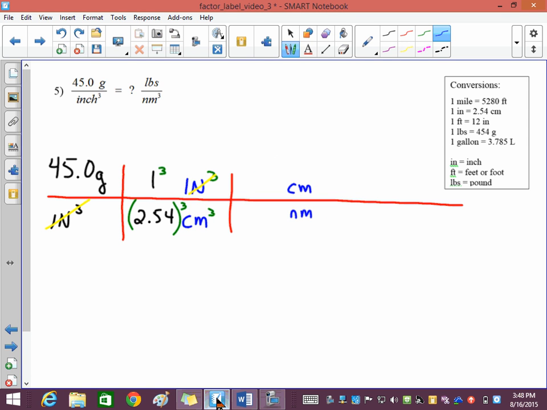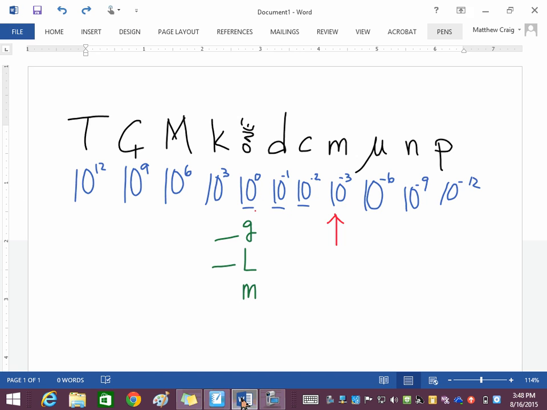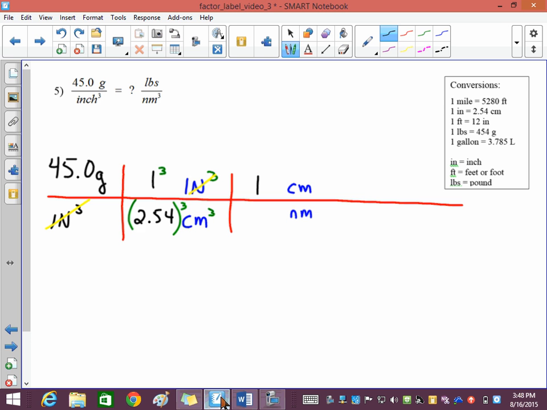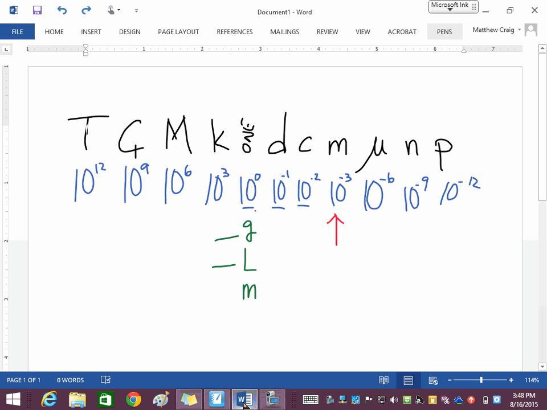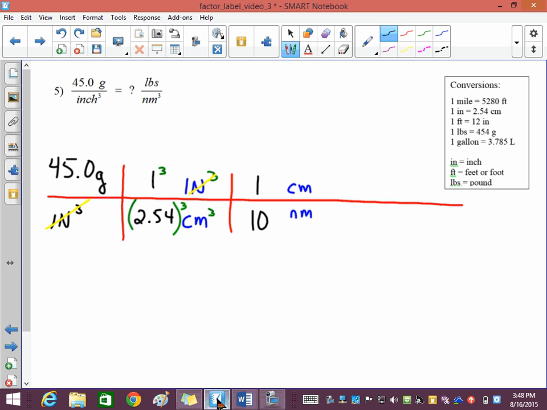And then ask yourself, which one's bigger? Well, centimeter is farther to the left, centi is here, nano is here, okay? And then we're going to have 10 to the something. So going from centi, 10 to the negative 2, to 10 to the negative 9 means we're going to move our decimal 7 times here. Okay? So 10 to the 7.